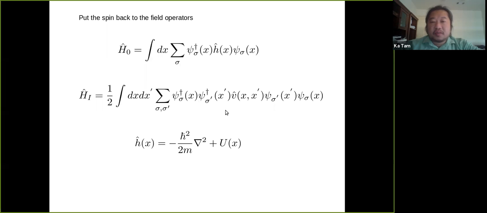For the interacting part, we just assume the interaction is only a density interaction, so we only have 2 spin variables instead of 4. In general, you can have 4 spin variables, but we just assume the interaction is density. We just put the spin variable back in the previous equations.